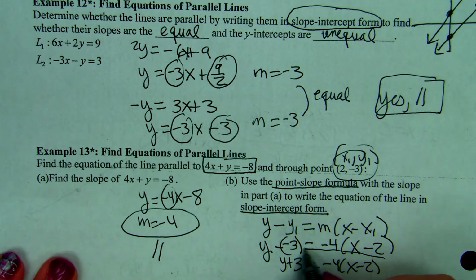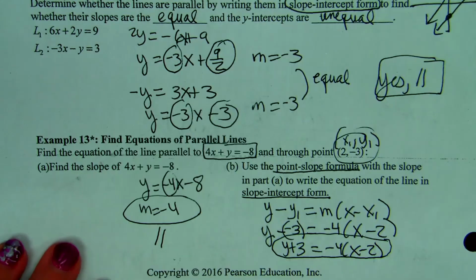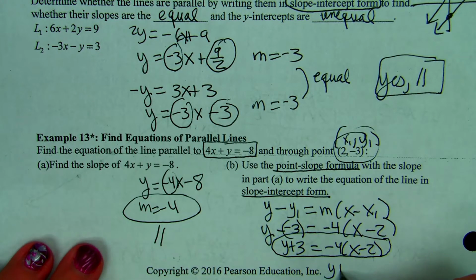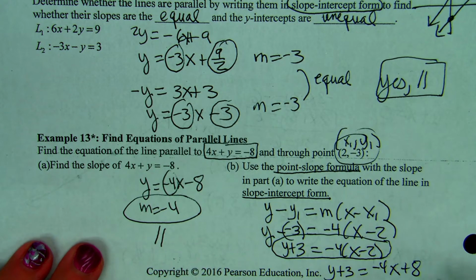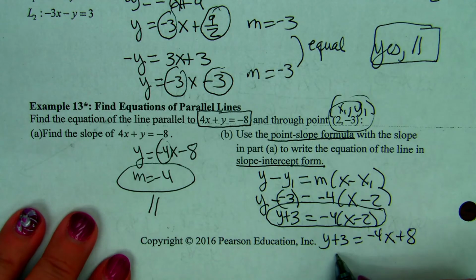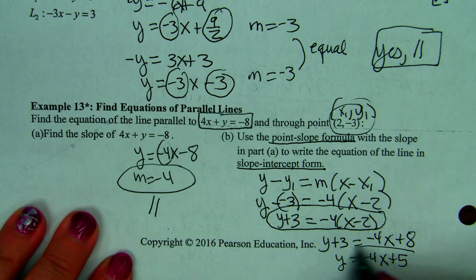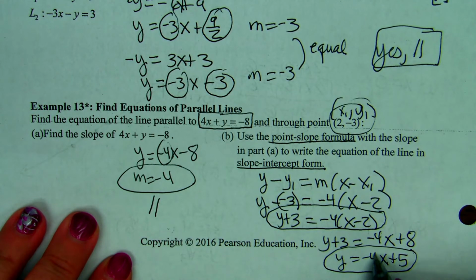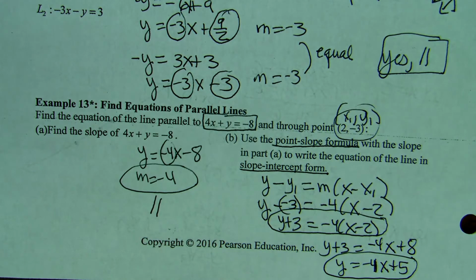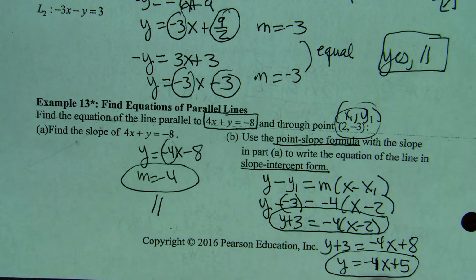That's point-slope form. For slope-intercept form, you distribute the negative 4, negative 4x plus 8, and subtract 3. And now we have slope-intercept form. We could easily put it in general form by adding 4x to both sides, and we'd have 4x plus y equals 5. So you have to be able to move back and forth between the different forms. Know what the different forms are, and move back and forth between them.